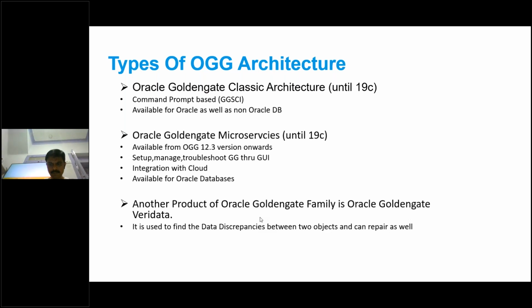Another thing I want to tell you is that Veridata is getting very popular nowadays due to cloud migrations. Upon migration, organizations want to confirm whether their data is in sync or not. So they put this product, Goldengate Veridata, on top of Goldengate, which checks the discrepancies between source and target.